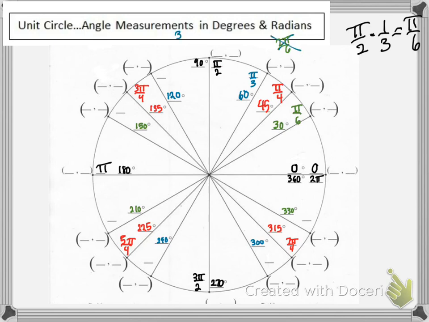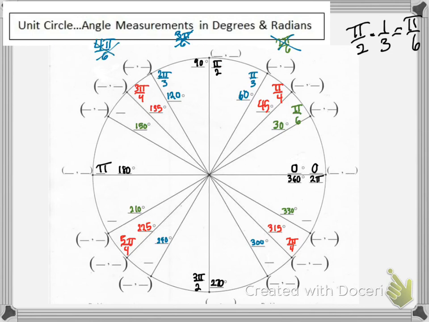Then I think about 3/6 of pi, which reduces to pi over 2, so I don't need to keep that. And then I think about 4/6 of pi, which reduces down to 2 pi over 3, so I don't need that. Then I need 5/6 of pi.